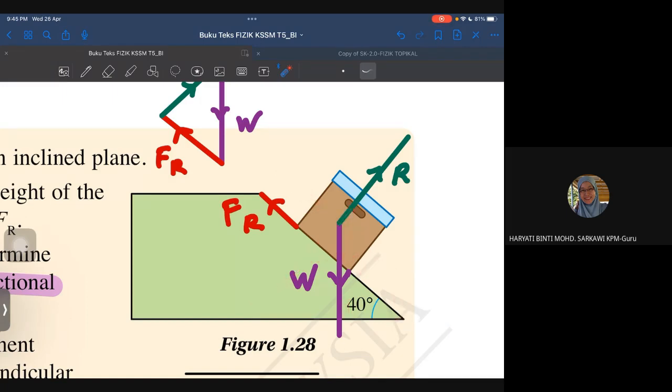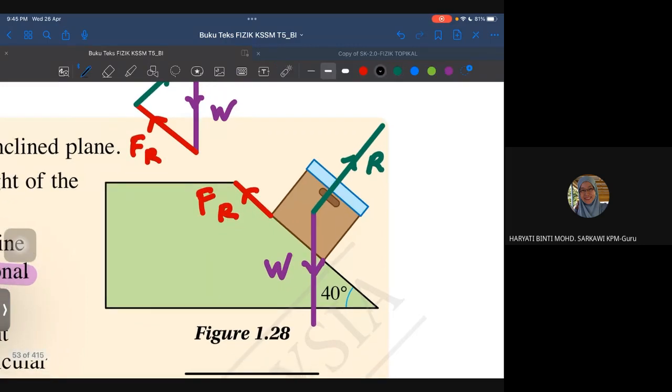So I can draw like this. Don't get confused. Here is 40, right? And then we know that this is 90 degrees. So this is the triangle.